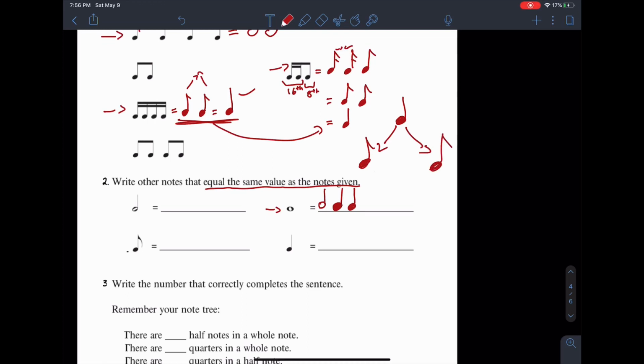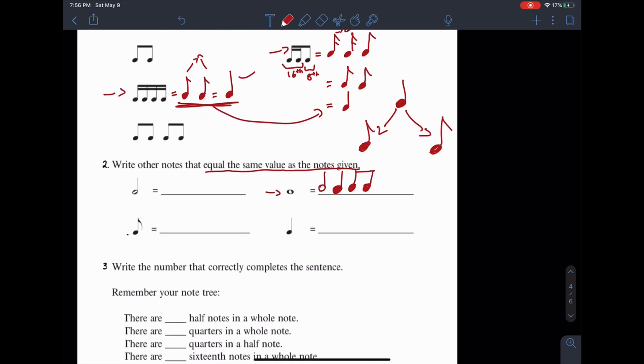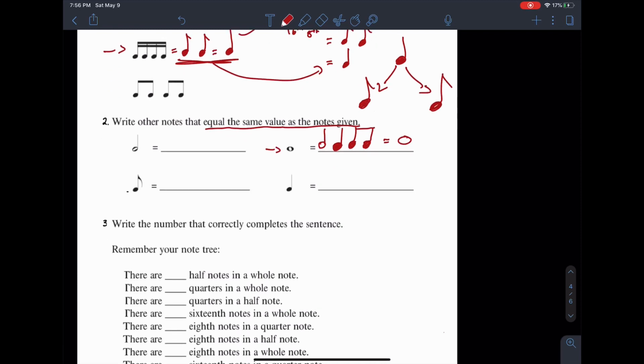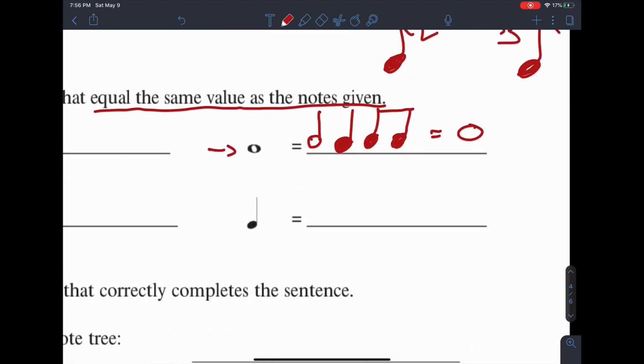So I can erase this quarter note and write in 2 8th notes, just like this. And this is all the same thing. This still equals a whole note. All right, and I can keep going. I can split this 8th note into 16th notes. I can split that 16th note into 32nd notes, and I can keep going on and on forever. But at some point it gets a little ridiculous. So let's just leave it here.